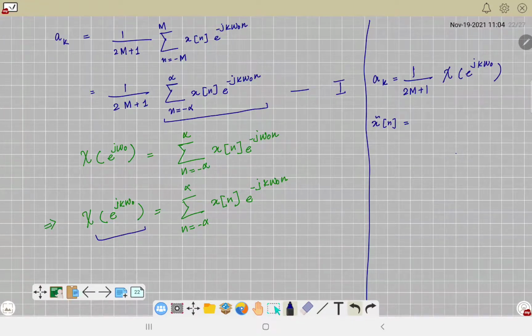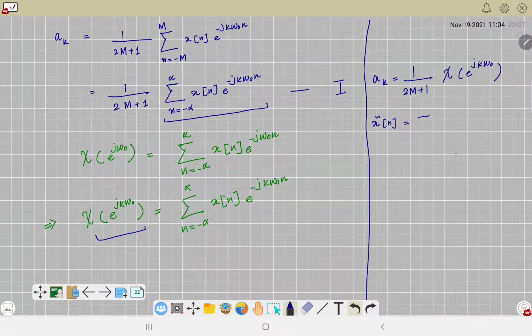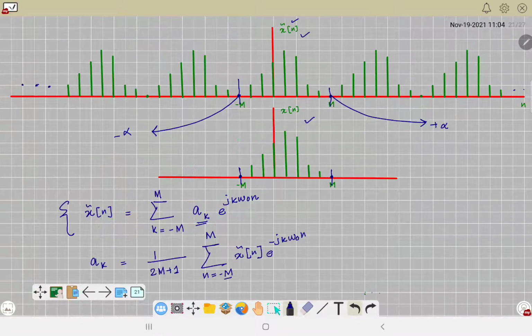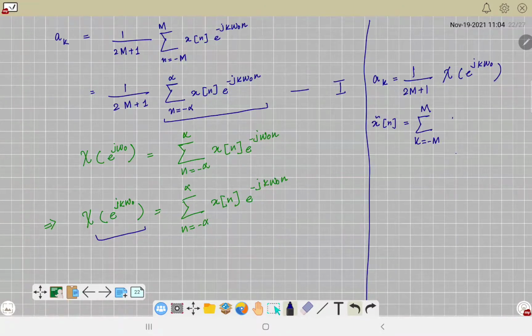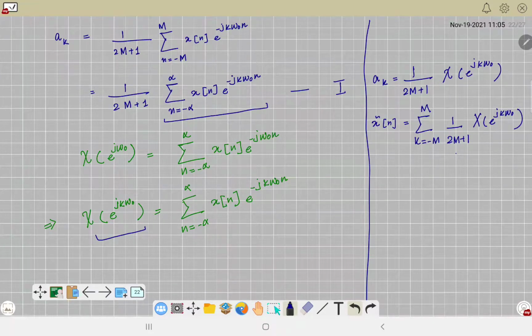is equivalent to the summation, k running from minus M to plus M. Then for a of k I will use this expression, that is 1 upon 2M plus 1 X of e raised power j k omega naught. Then it has its own exponential, so we'll also include that, e raised power j k omega naught n, fine.